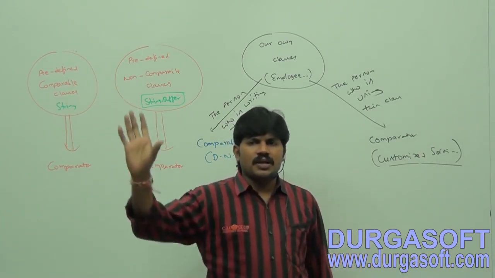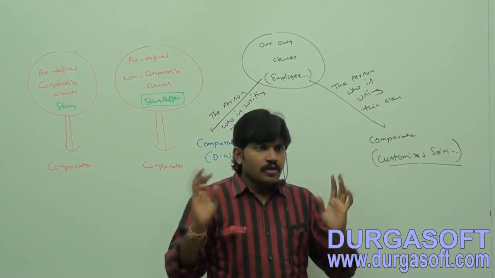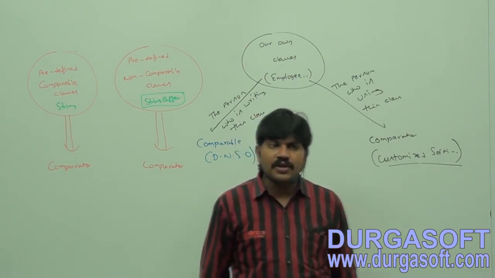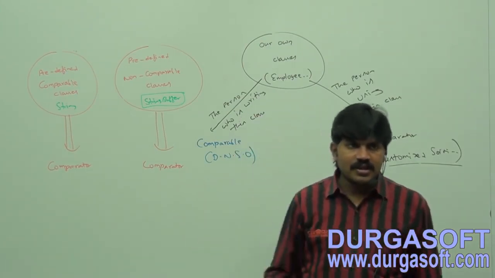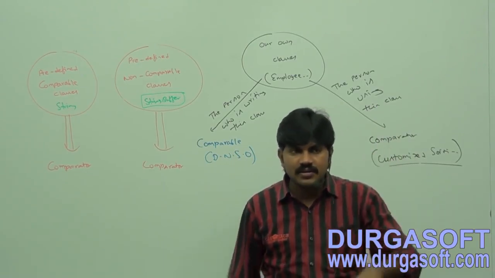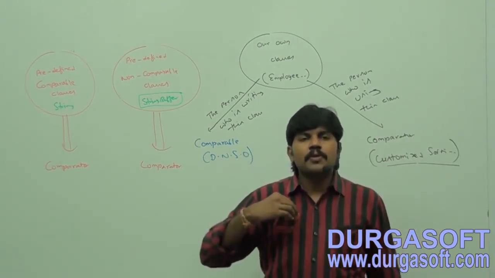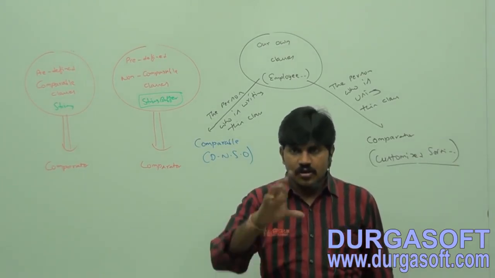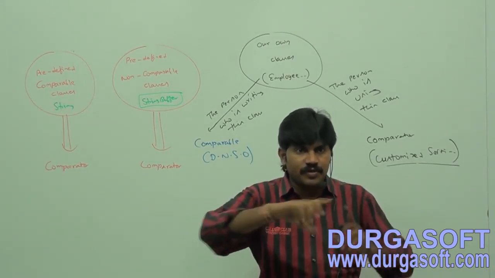Take string objects. Which type of sorting is usually required for strings? Alphabetical order. That's why the default natural sorting order is defined as alphabetical order. Out of 100, 90% of the people are satisfied with alphabetical order.